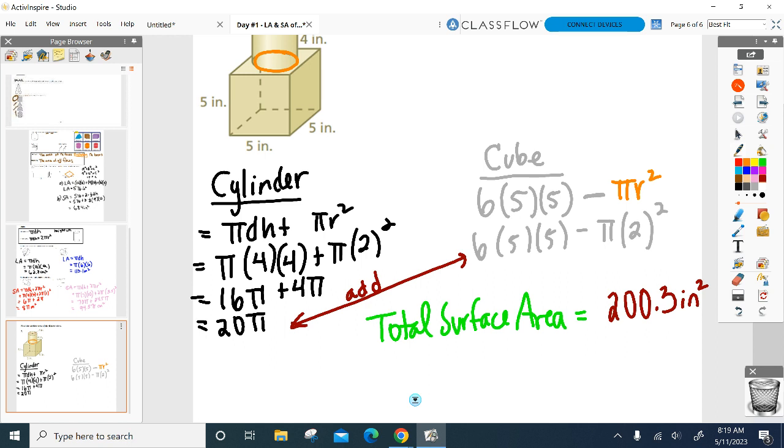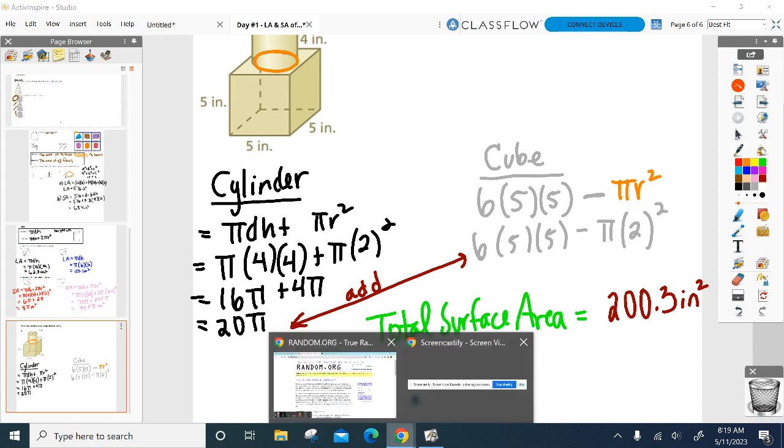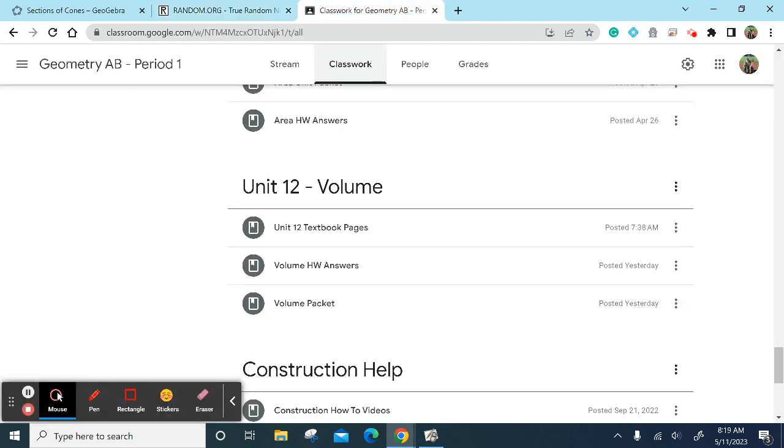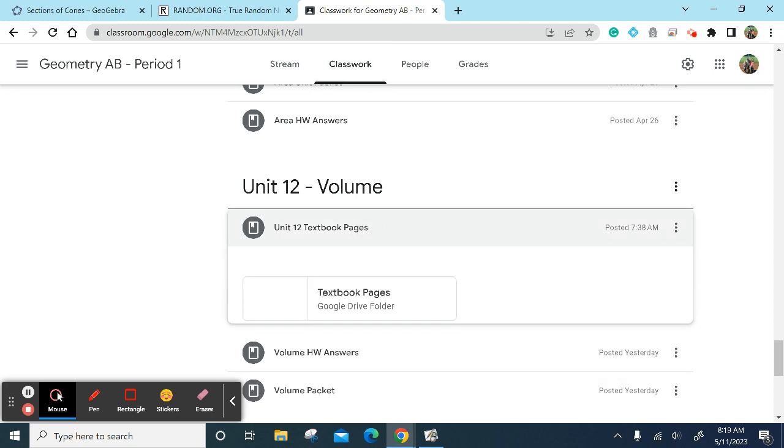Also, I don't know how easy it is to access the online textbook, but I'm going to have to do this next year because we're getting rid of all the textbooks and the online textbooks. So I'm going to try to pilot it with you guys. Up on Classroom, I have all the Unit 12 textbook pages that you'll need this unit. Hopefully this works, huh?